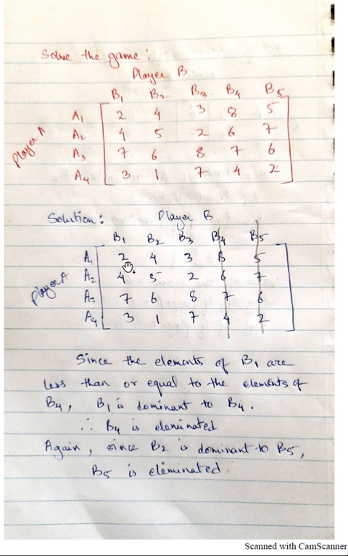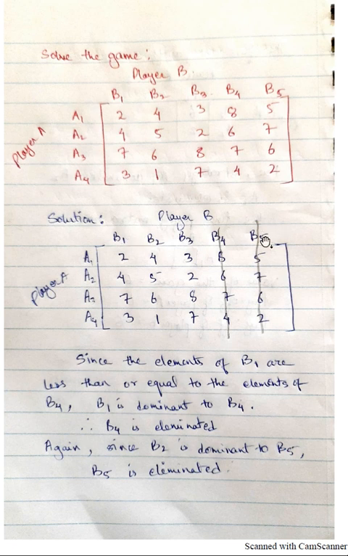Now let us compare B1 and B5. I'm sorry, I'm not comparing B1 with B5 here. If you compare between B1 and B5, you see that there is no dominant strategy between B1 and B5.